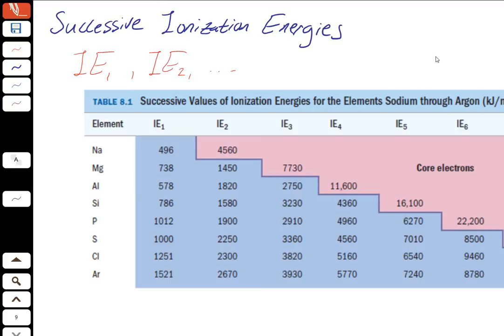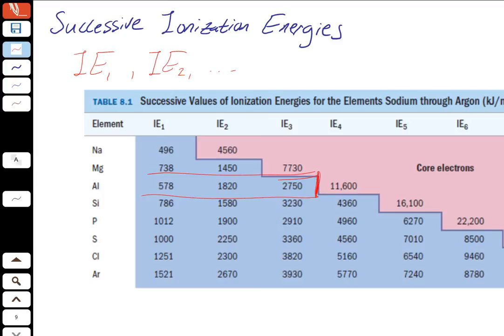Because in between its valence and core electrons, you should see a major jump, like for aluminum. The successive ionization energies increase as you remove 1, 2, 3 electrons. And then if you want to remove that fourth electron, the ionization energy goes up by a huge, huge factor.